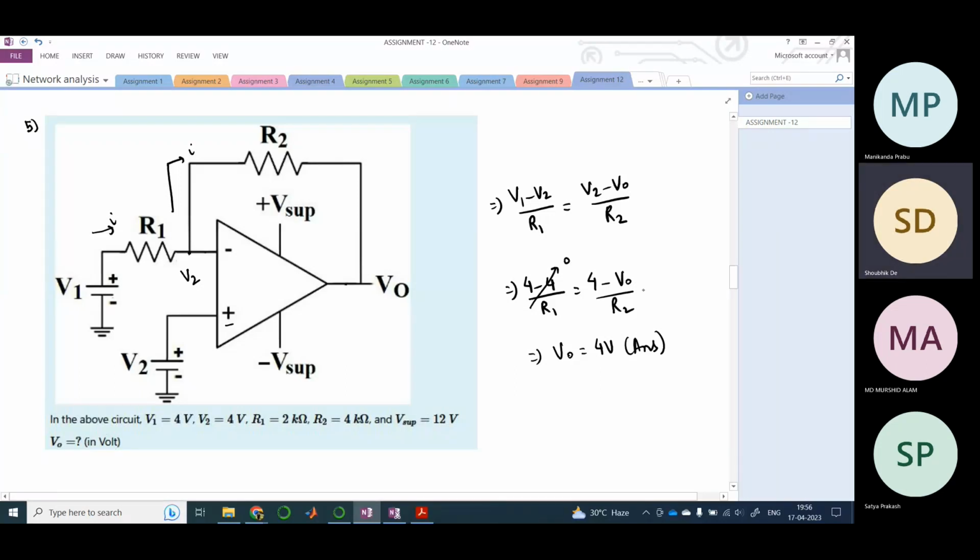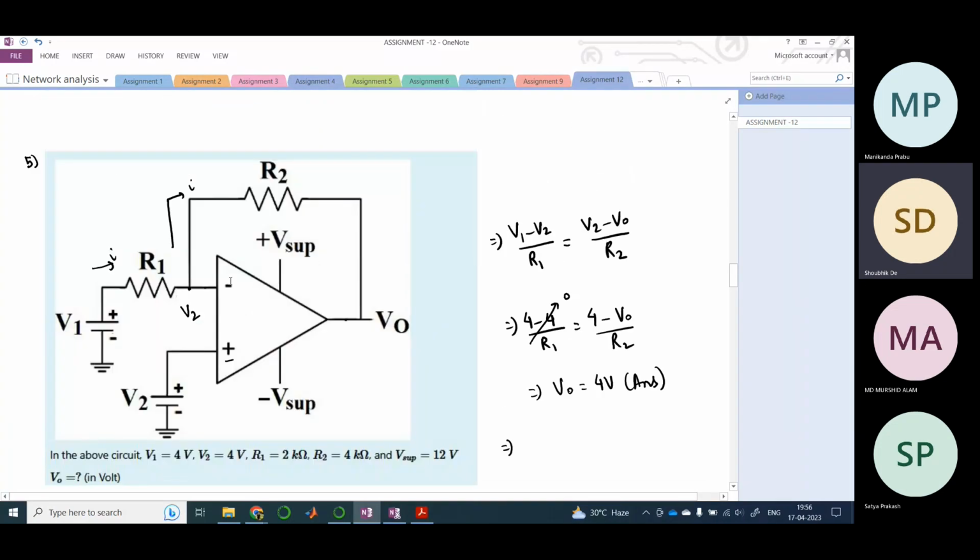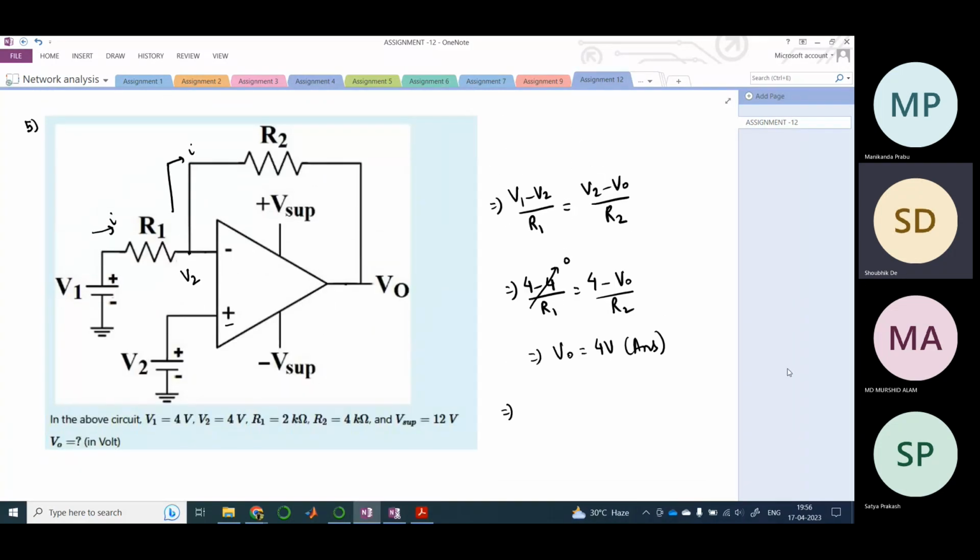So this is the answer. Now let's slightly introspect this circuit. If V2 was not 0, let's find out V0 in terms of V1, V2, and R1, R2.